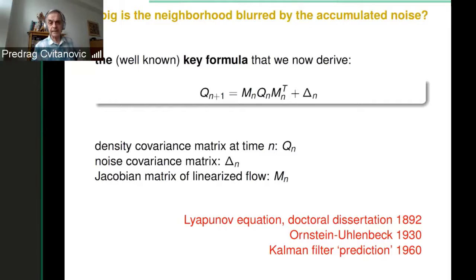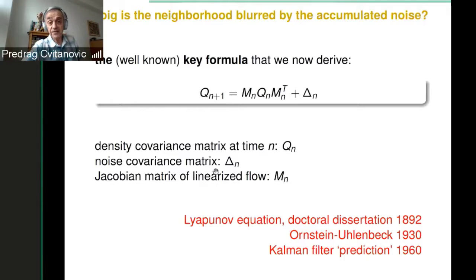So this is a formula that relates covariances. Remember, covariances are these widths of Gaussians or root mean squares of distributions of errors. There are two kinds of covariance I'll describe. You're looking at a cloud of your data points at integer time n, and you fit it by an ellipsoid like we have done in the SVD part of this course, singular value decomposition, so that's how you fit the noise.